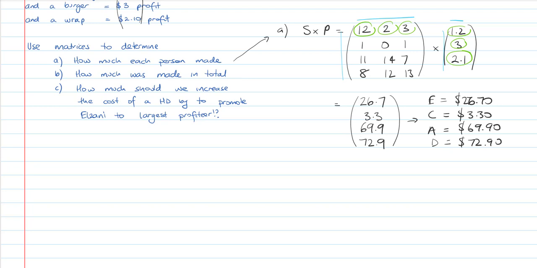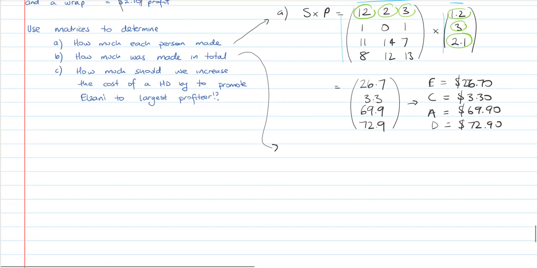How much was made in total is part B, and I'll show you another one here. Obviously I've got the answer to this already, and I could just add those 4 numbers together, but I could also do this, which is the row matrix of 1s multiplied by this, which will give me a 1 by 1.